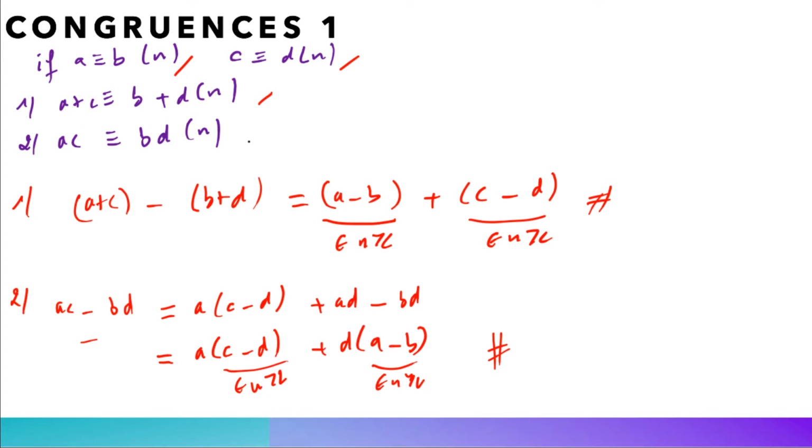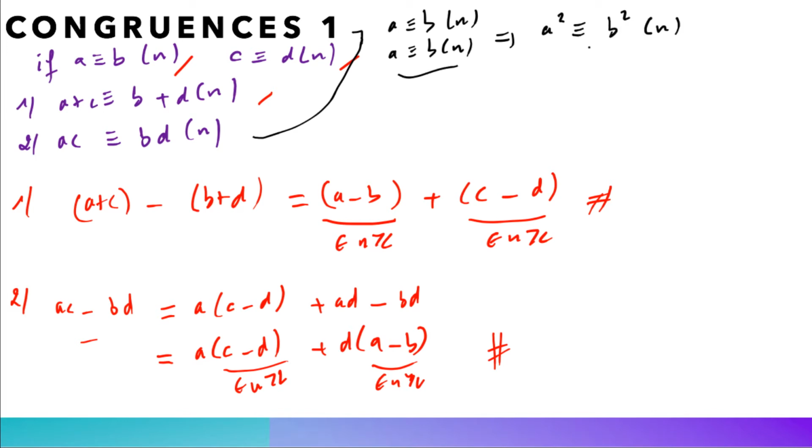Notice now that if I apply this claim to a congruent to b modulo n and a congruent to b modulo n again, then one gets that a times a is congruent to b times b modulo n, which we can write as a squared is congruent to b squared modulo n.